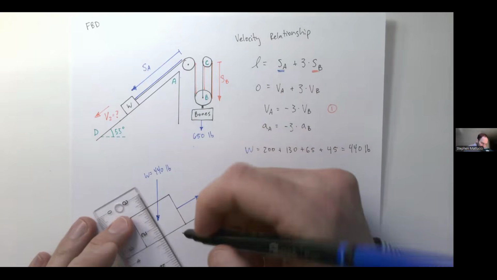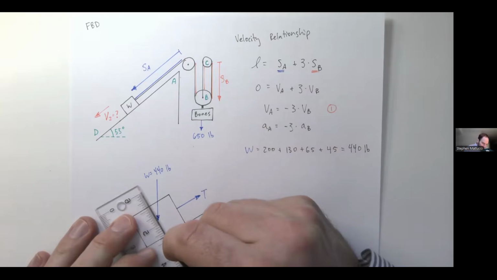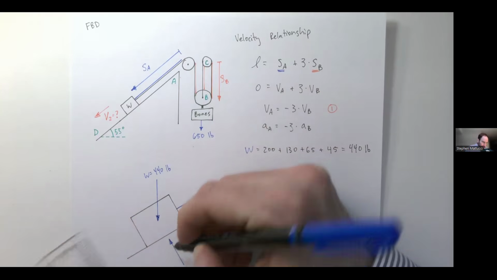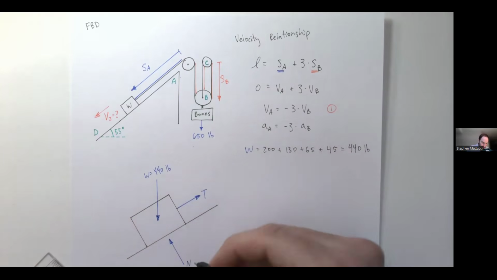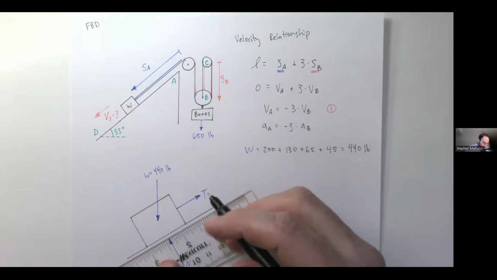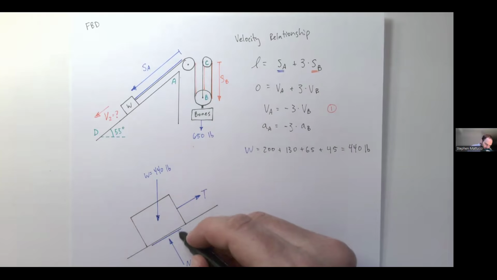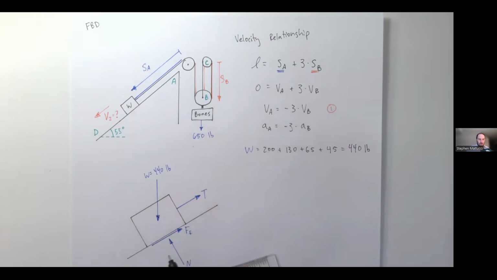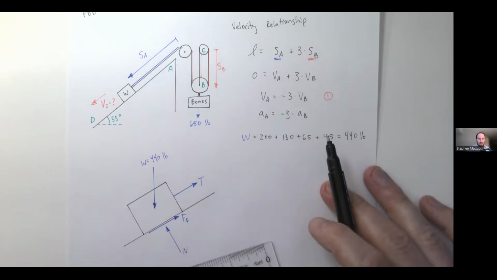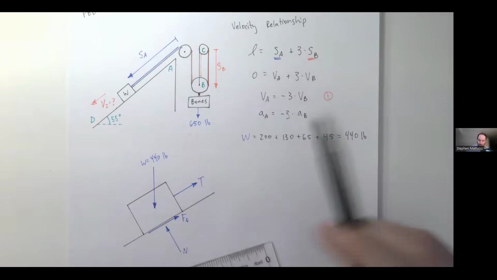We're sliding down, we're going to have normal force N, and we're going to have some kind of friction. Force of friction is going to be resisting it sliding down, so it's going to be acting upwards.